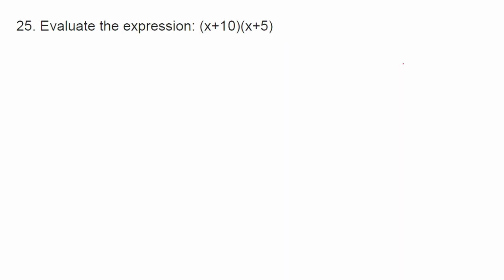Okay, evaluate the expression x plus 10 multiplied with x plus 5. Please remember the template I taught you for this kind of question. When you just have here x and x, please take note of the template: x squared plus the sum times x, and then plus the product.